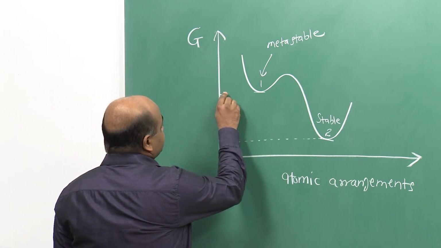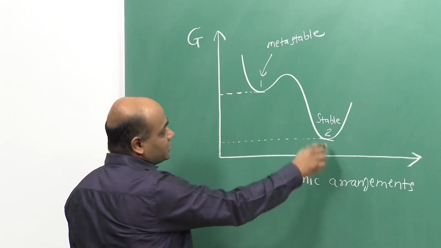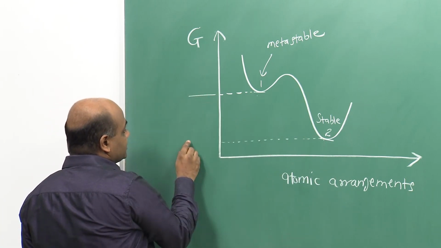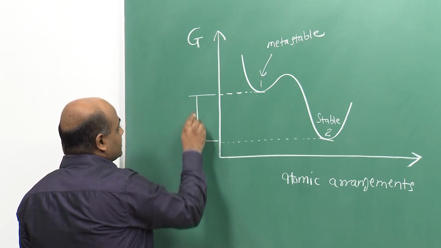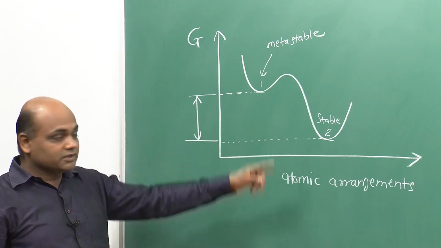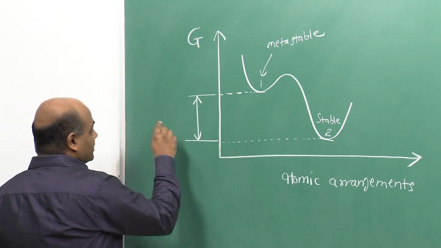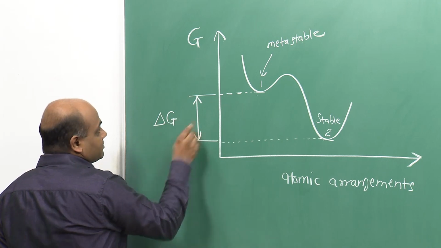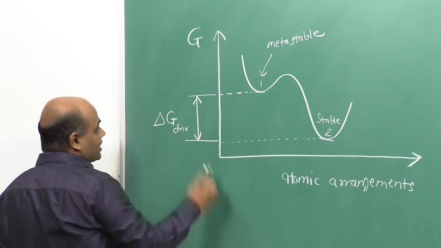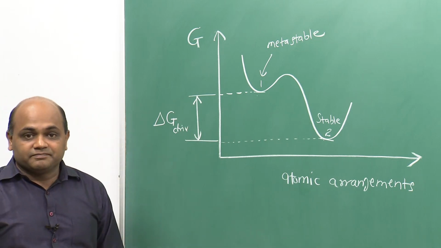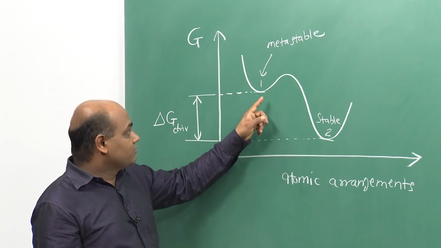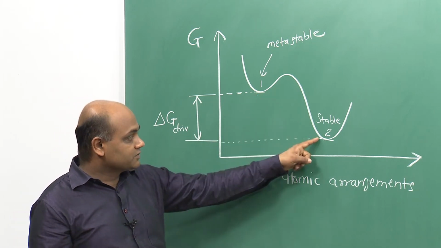Since state 2 has a lower Gibbs free energy than state 1, there is a decrease in Gibbs free energy, and that is why the process is irreversible. The transformation from state 1 to state 2 is irreversible, and the difference between the Gibbs free energy of the two states is called the driving force for this transformation. So, there is certainly a driving force for the system to transform from state 1 to state 2.